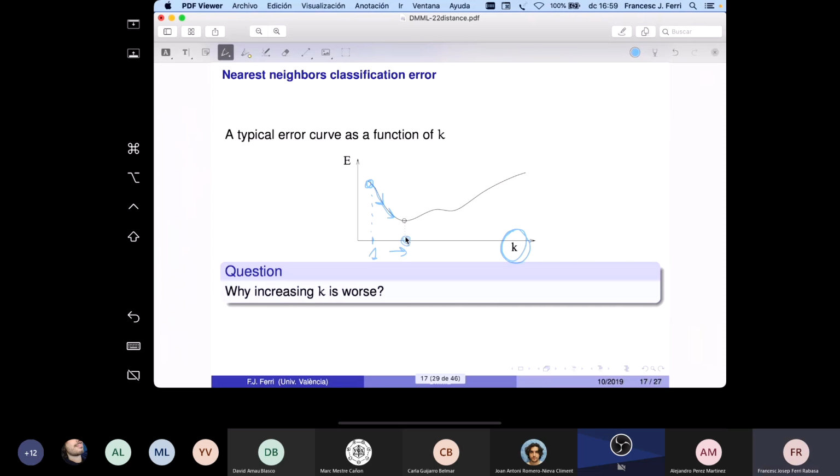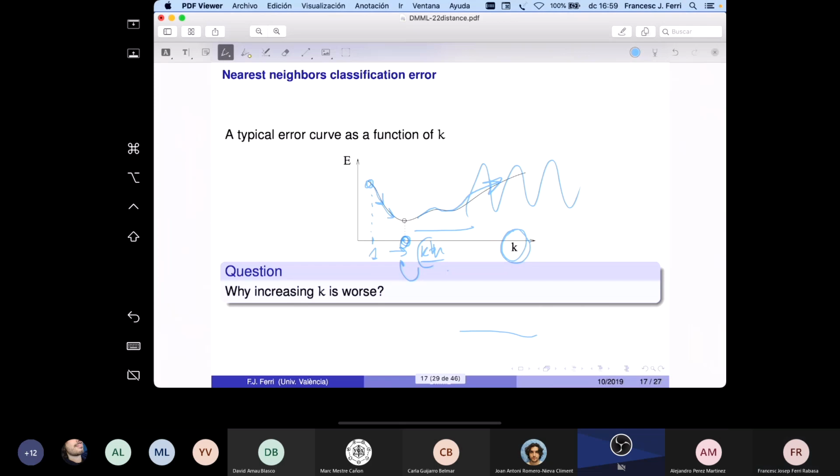And then from a given value, usually the error begins to increase or to oscillate. Why? Because the distance of the kth nearest neighbor from this point is too far for this problem and for this size of the training set, because the larger the training set, the more you can increase the value of k.